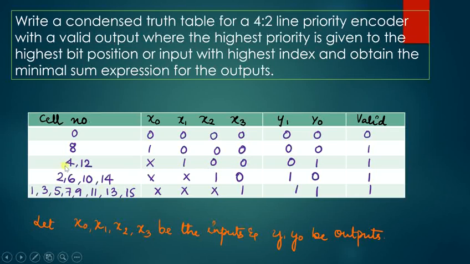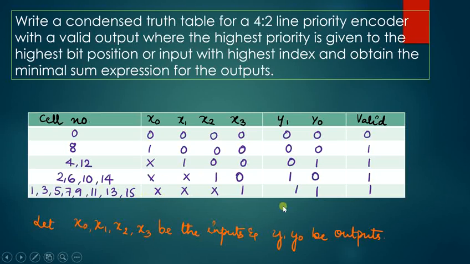Whereas when I represent this as 0100, this is equal to 4. Whereas if I consider this x to be equal to 1, then it becomes 1100, which gives me a decimal value of 12. In a similar manner, 0010 is 2, 0110 is 6, 1010 is 10, 1110 is 14.